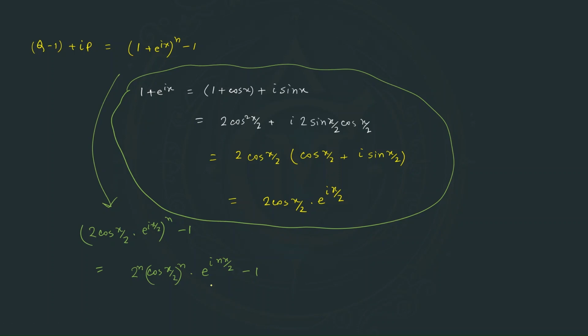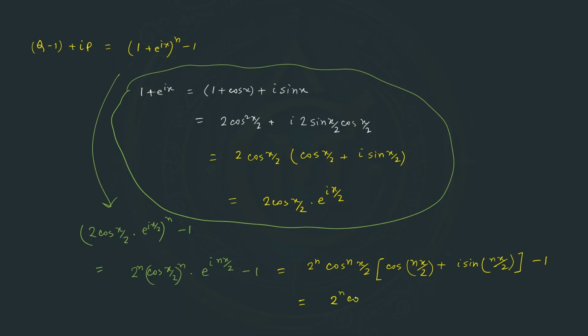So we can again expand this e to the power iota nx by 2 as cos nx by 2 plus iota sine nx by 2 minus 1. That means we can separate the imaginary part and real part of this right hand side.